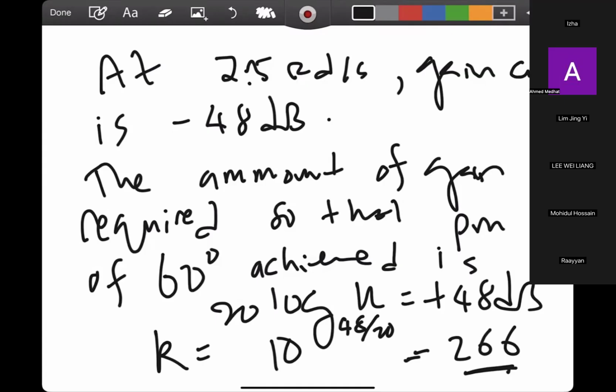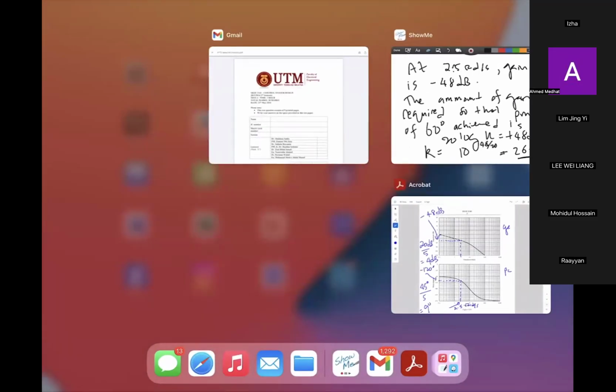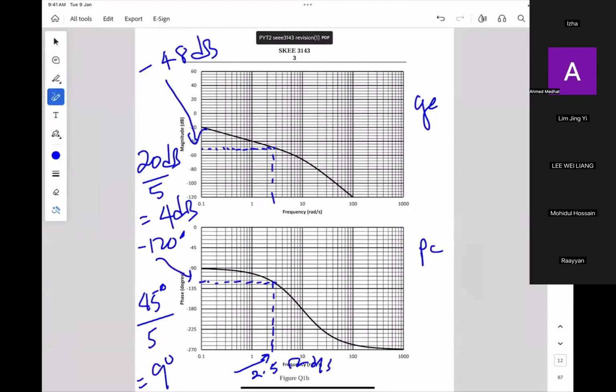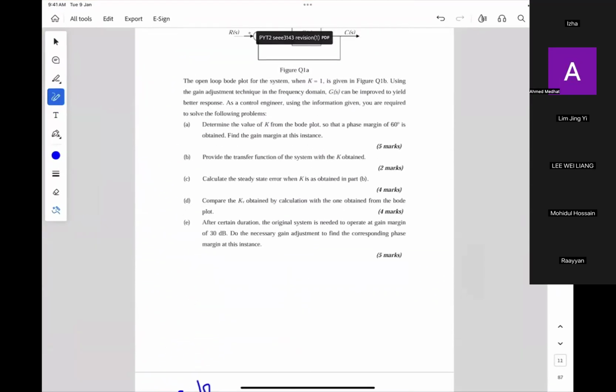So you have to tune the gain adjustment, the gain knob, so that it reaches 266.